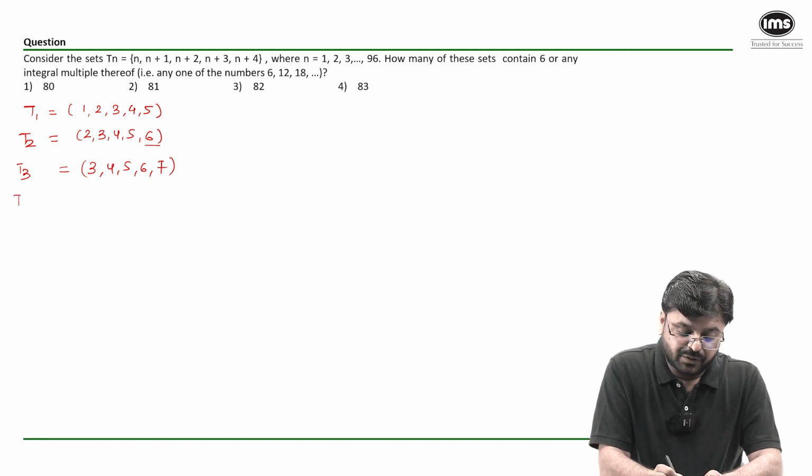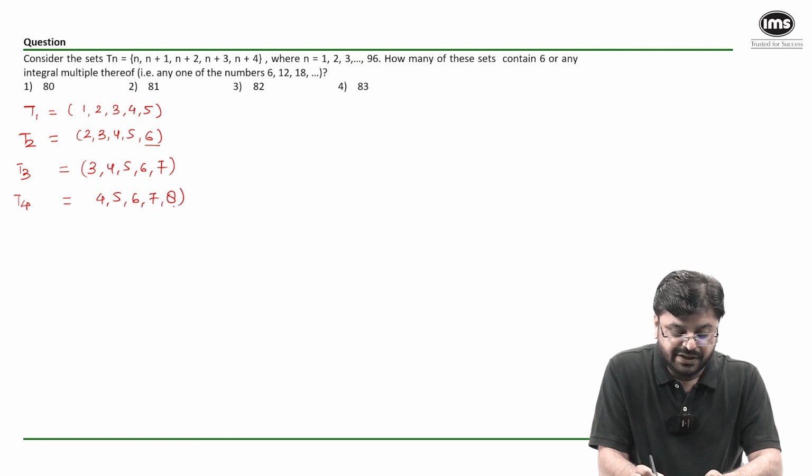Then if you put n equal to 4, it is 4, 5, 6, 7 and 8. Then if you put n equal to 5, it is 5, 6, 7, 8 and 9.